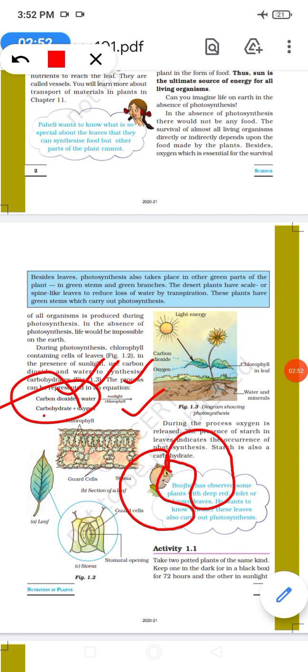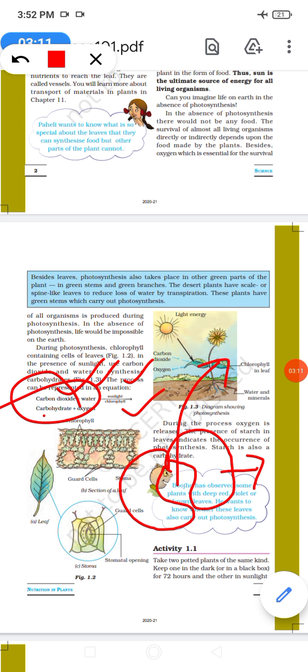Whenever the guard cells swell up, the stomatal pore opens, that is, the stomata is open and carbon dioxide enters. And whenever the stomata is closed, carbon dioxide does not enter.